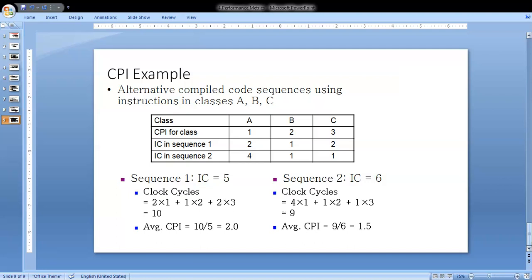So in this session we have discussed various topics related to performance constraints and performance metrics, from which we can calculate the performance of a particular computer for executing the same set of instructions by comparing it with two or three different computers.